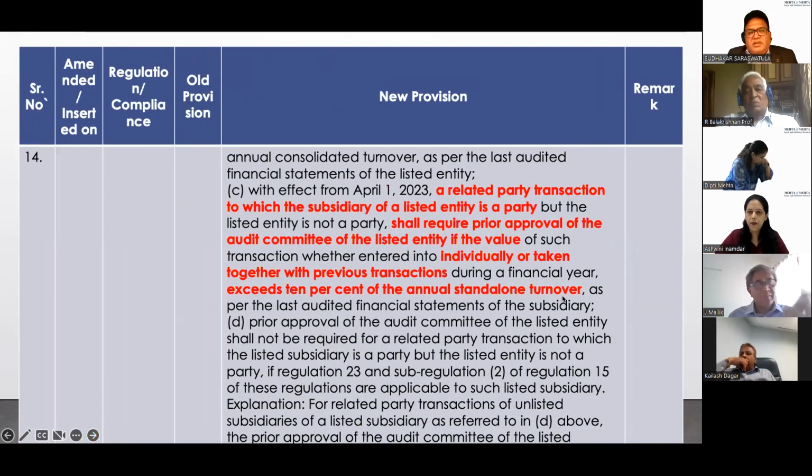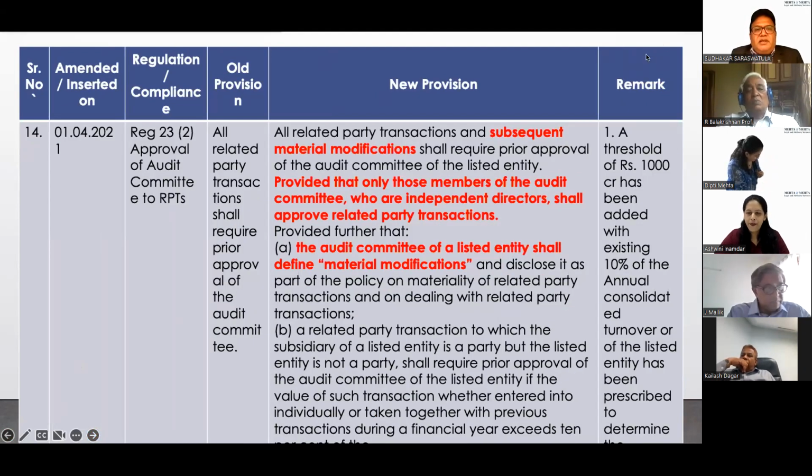Ashwini, just two or three things I want to add on the previous slide. Number one, these subsequent material modifications, if any. Once you get the approval under Regulation 23(4), where you require shareholders' approval for a transaction, you don't need fresh approval unless there is a modification.